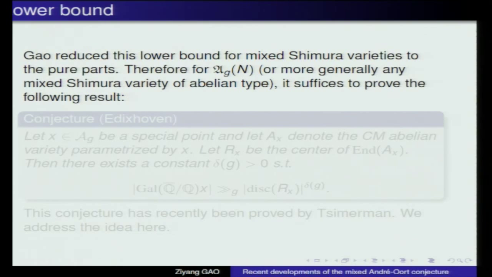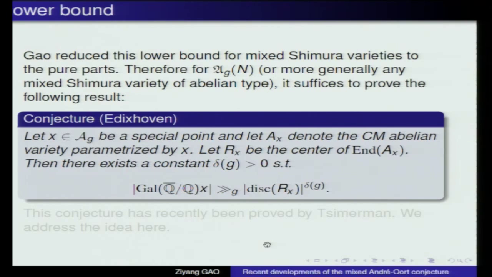First of all, I reduced this lower bound for mixed Shimura varieties to the pure part. Then for the universal abelian variety case, or even more generally for Shimura varieties of abelian type, it suffices to prove the following conjecture of Edixhoven-Yafaev.